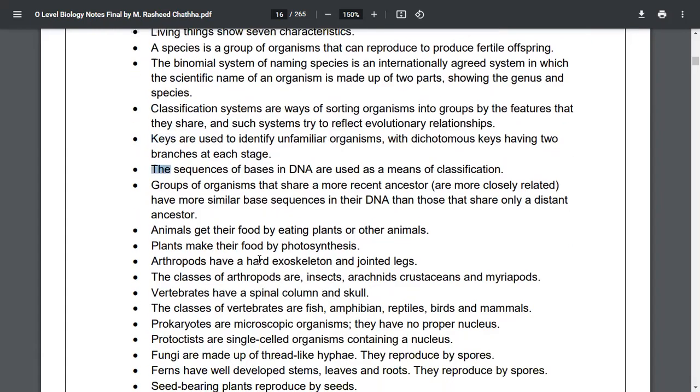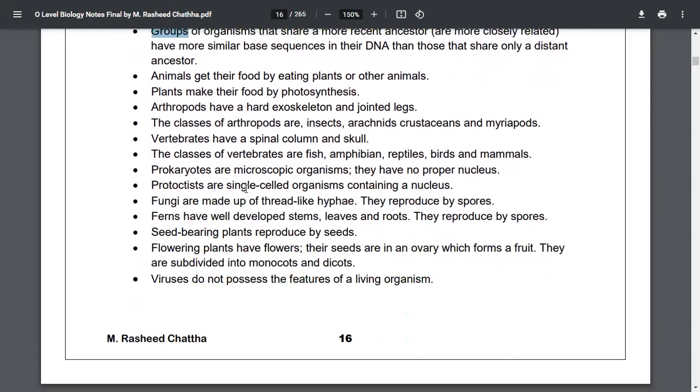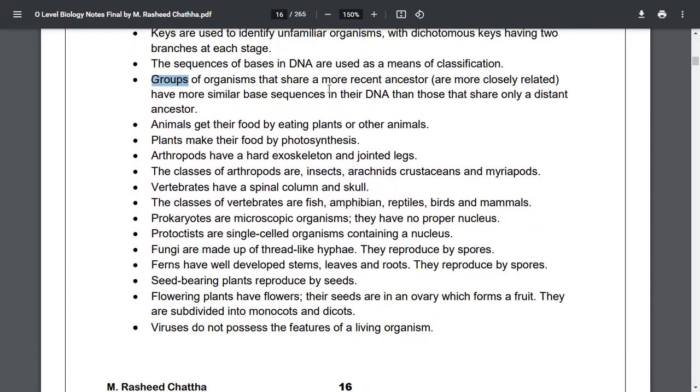The sequence of bases in DNA is used as a means of classification. Groups of organisms that share a more recent ancestor are more closely related and have more similar base sequences in their DNA than those that share only a distant ancestor.